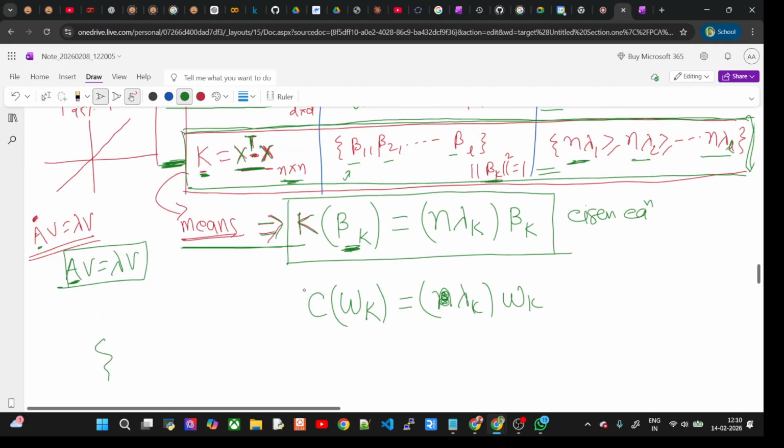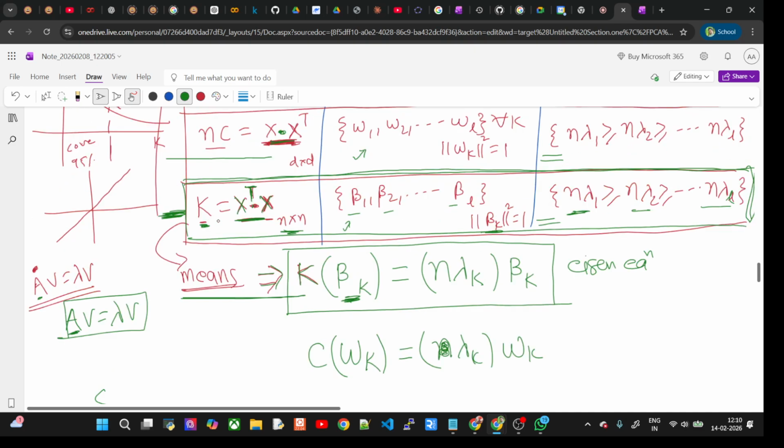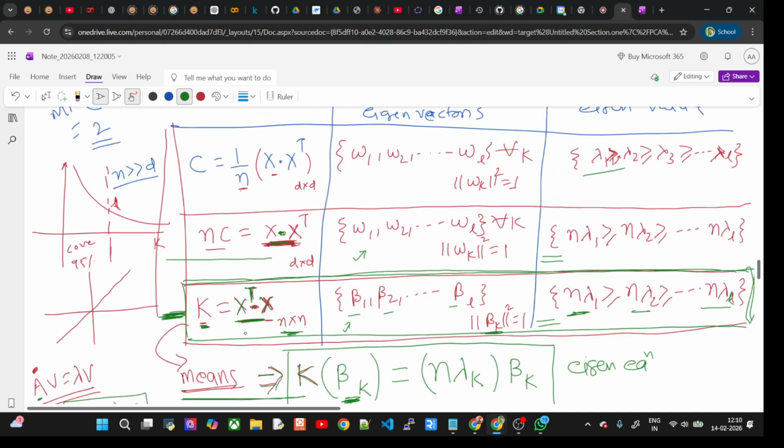Okay, so we now know that in this table we just calculated, there is a covariance matrix of X transpose into X, which is n cross n. For that there are some eigenvectors. We say beta 1, beta 2, beta 3, where the length of beta 1 should be 1. Every time you should remember this for the PC calculation.